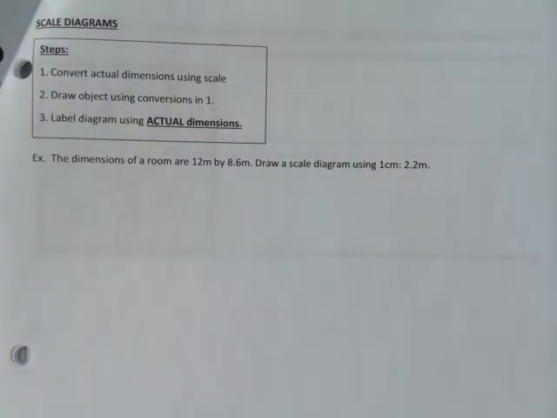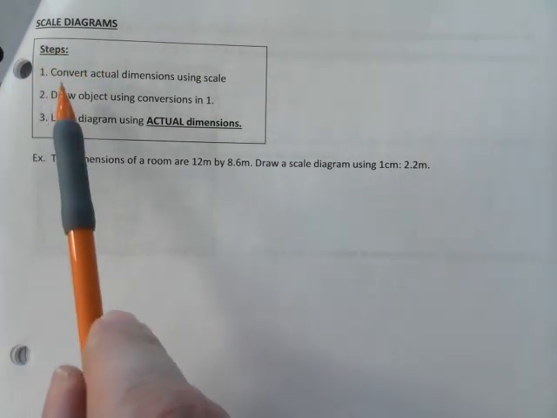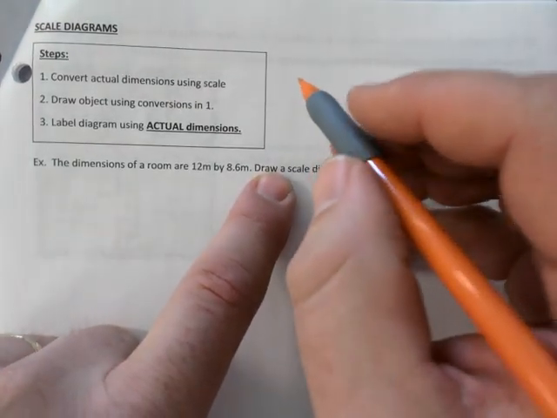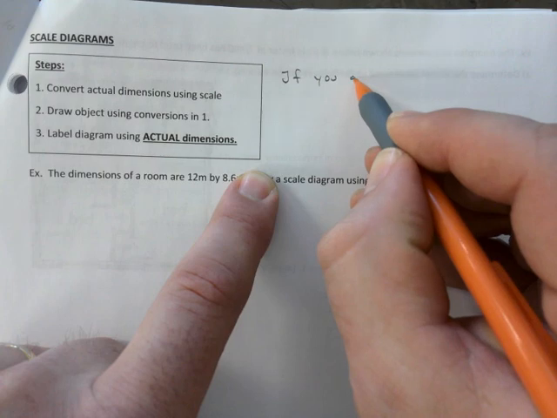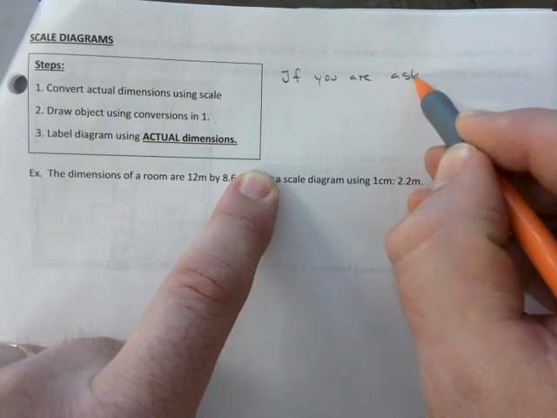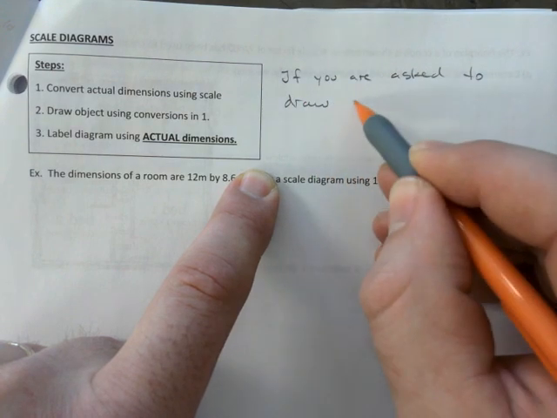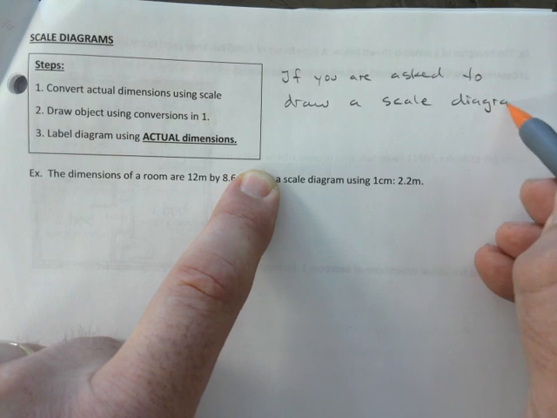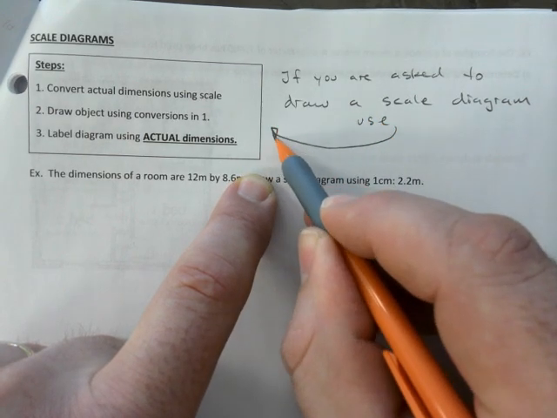These are the steps for working with scale diagrams. If I ask you to make a scale diagram, right? I will make it very clear. If you are asked to draw a scale diagram, use, right?